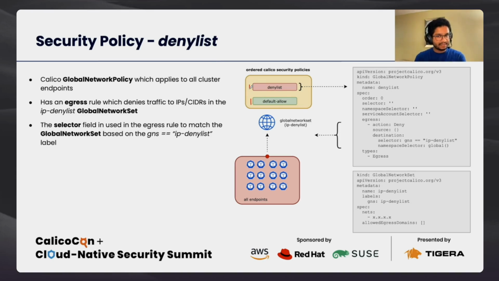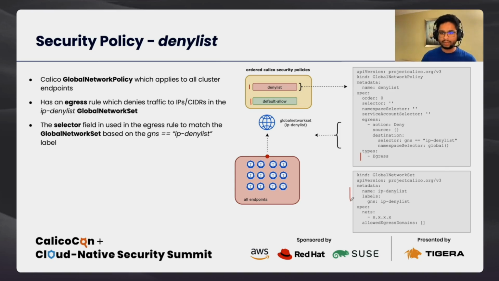What that means is all cluster endpoints now have a default deny behavior for egress traffic, since this policy matches egress traffic. This policy has an egress rule which denies traffic to IPs and CIDRs in the IP deny list global network set, and I've shown the global network set on the right hand side as well.